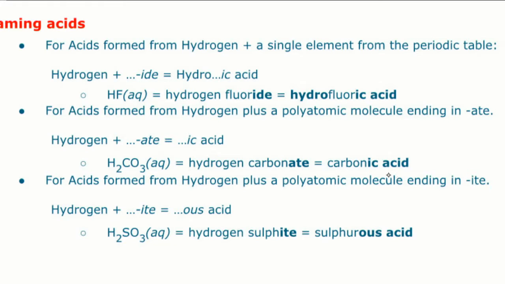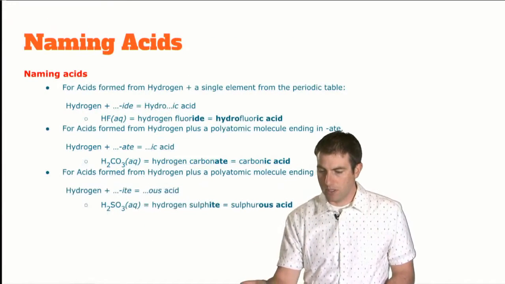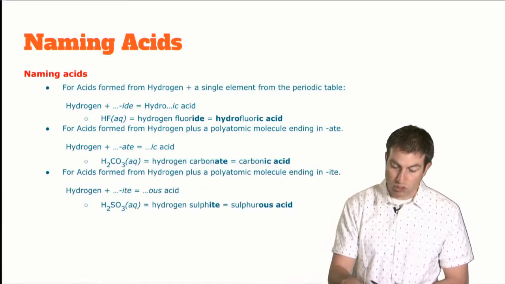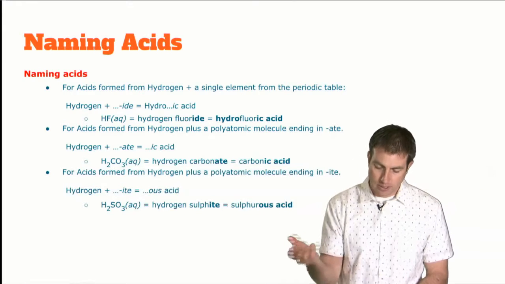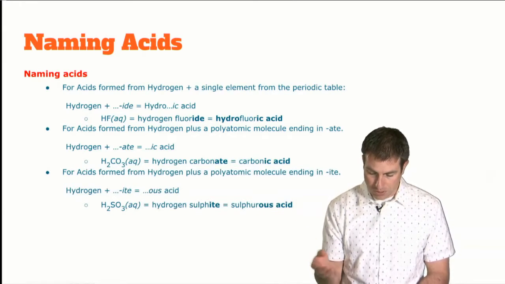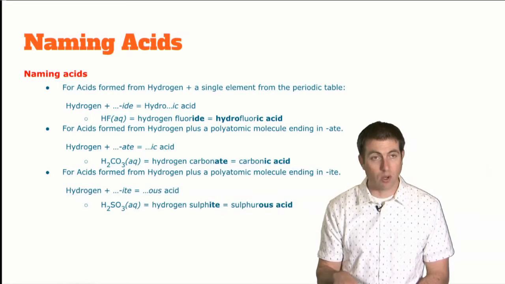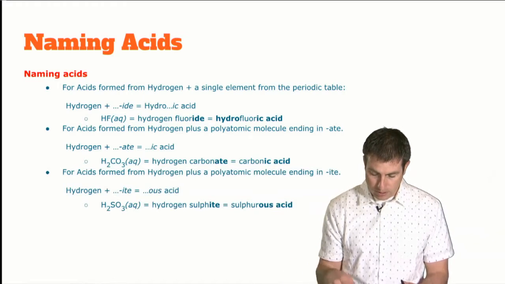And all of the ates on your common ion sheet change to ics. So chromate would be chromic acid. And if you had chlorate, it'd be chloric acid. Perchlorate will be perchloric acid.